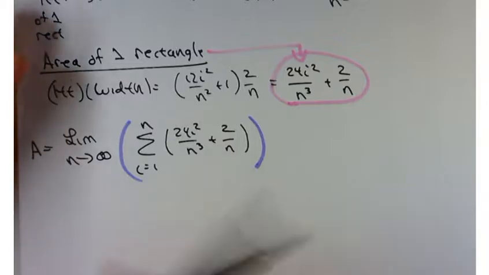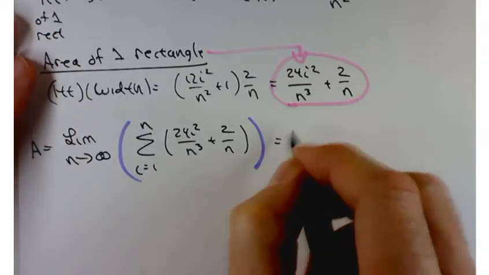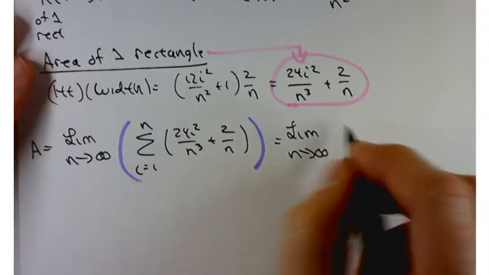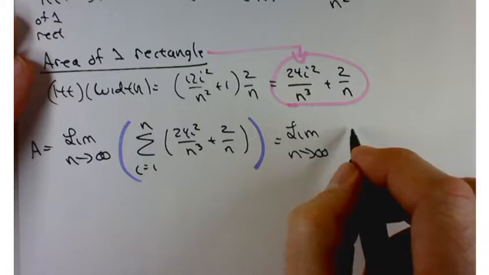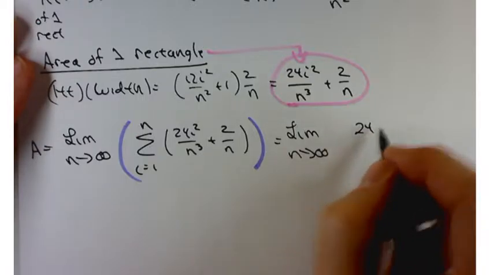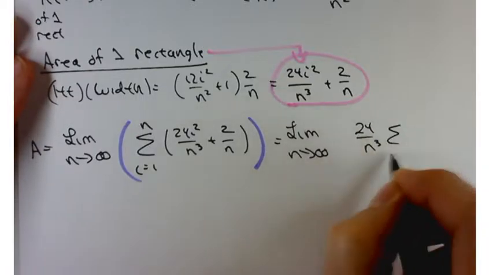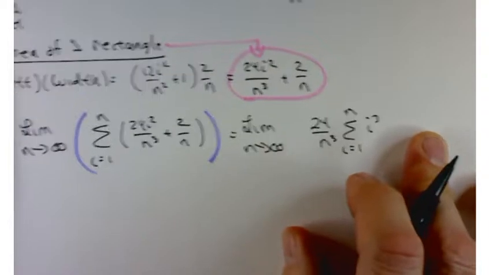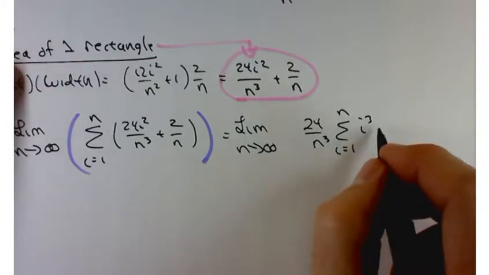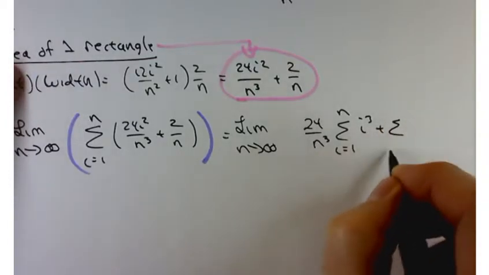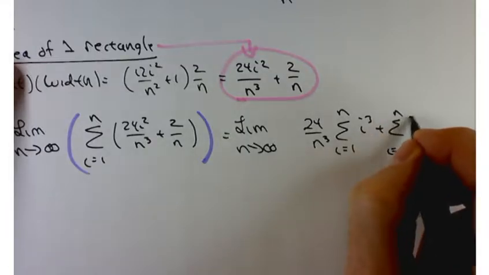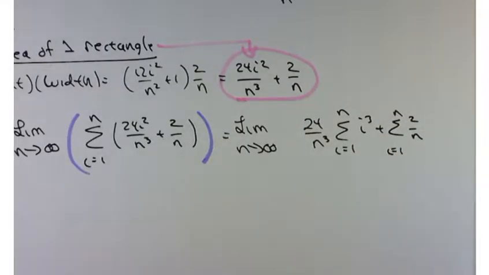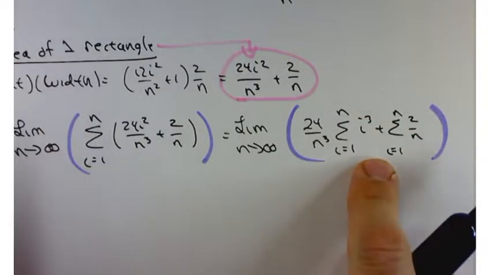As far as working with the sum is concerned, that's going to be the limit as n approaches infinity of 24 over n cubed times the sum from i equals 1 to n of i cubed, plus the sum from i equals 1 to n of 2 over n. So I'm just playing around with the summation here.